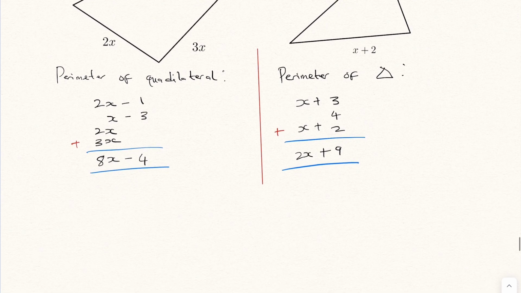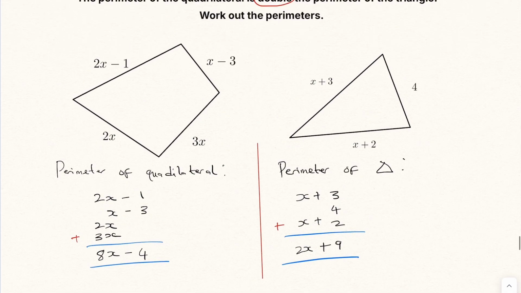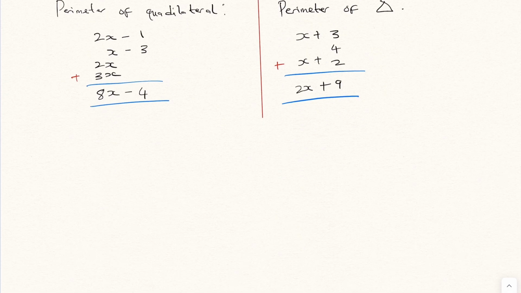So let's assume that the perimeter of this triangle was x. So if the perimeter of the quadrilateral was double of x, it means that the perimeter of the quadrilateral will be 2x.